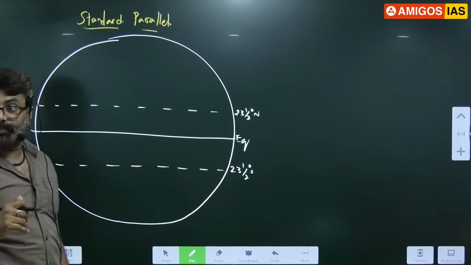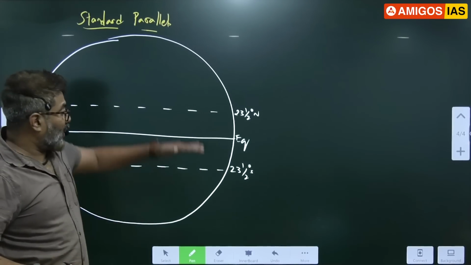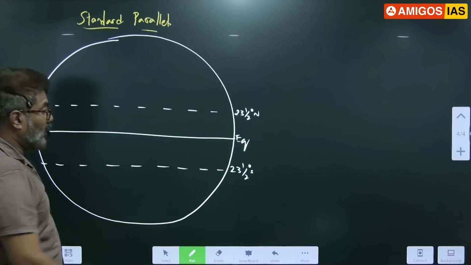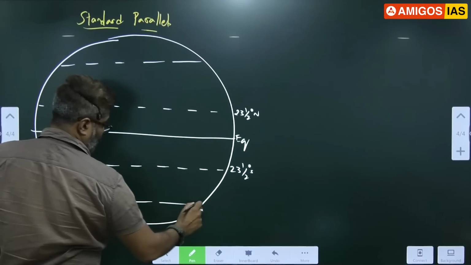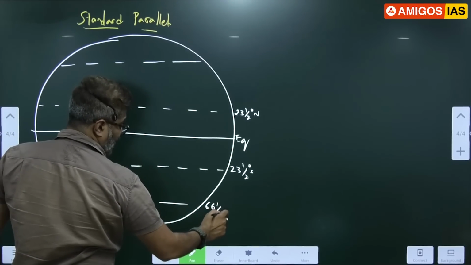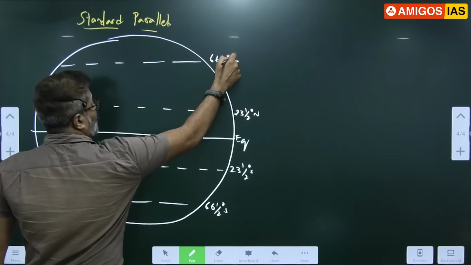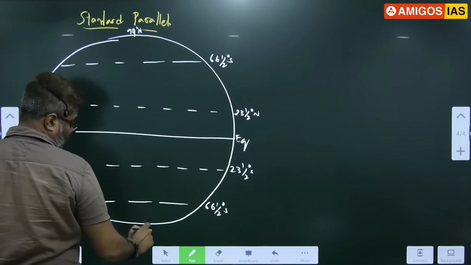How much is the tilt? 23.5. That I am considering. The tilt of the earth is 23.5, and that also gives an important parallel. Okay, 66.5 degrees north and south. This is the North Pole, South Pole.